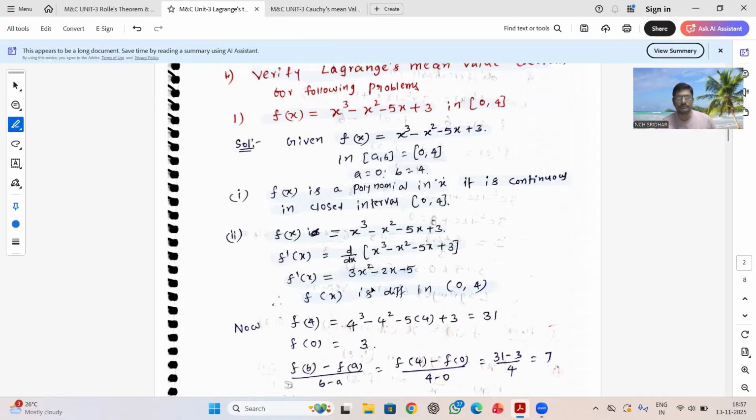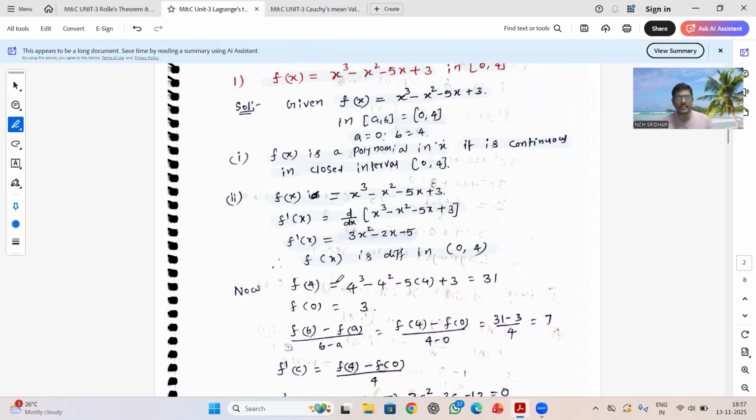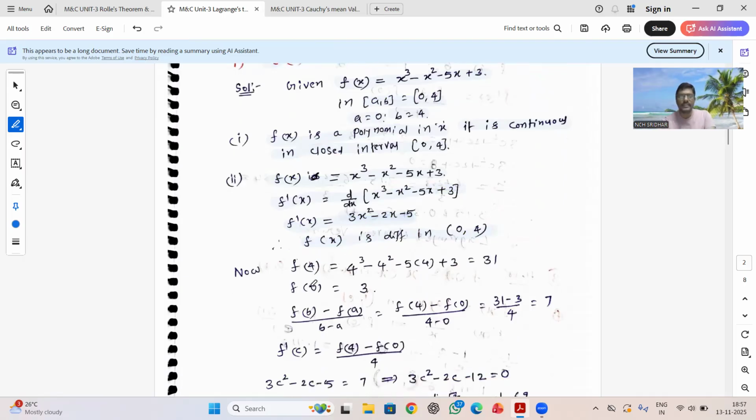Now what Lagrange stated: there exists at least one c belonging to the open interval (a, b) such that f dash c equals f of b minus f of a by b minus a. So first we are finding f of b minus f of a by b minus a. For that we are finding f of 4, because the b value is 4. f of 4 is nothing but substituting 4 in place of x in the given function.